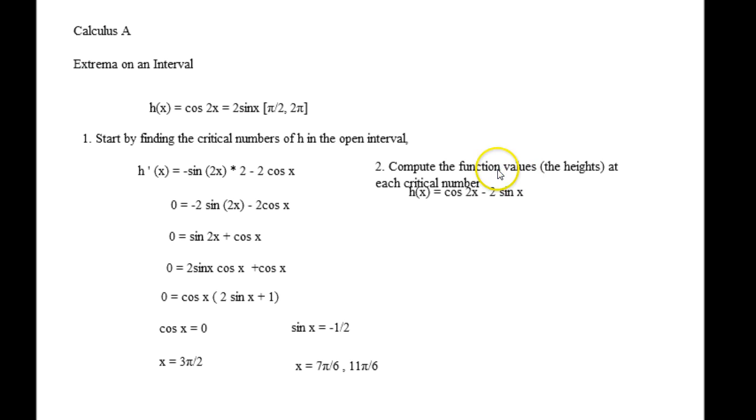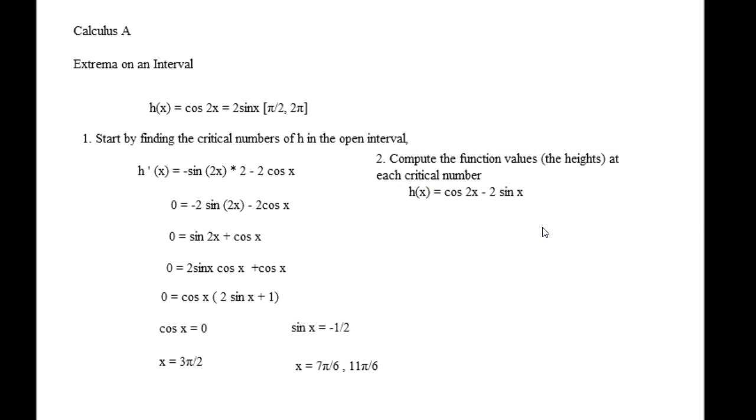Let me move this up a little bit. Compute the function values, the heights at each critical number. So in other words, we would just plug in our values as we go.